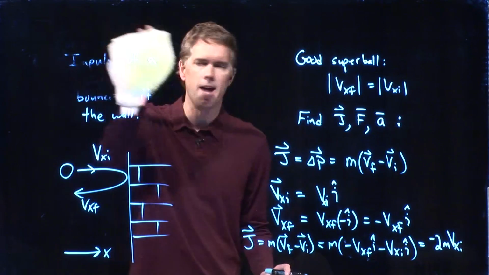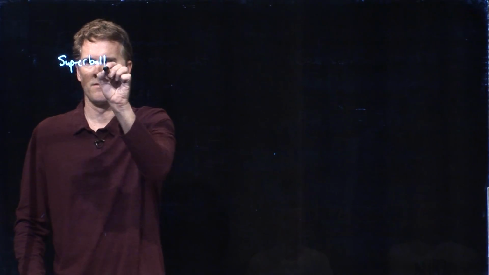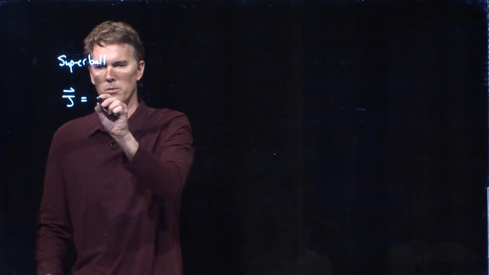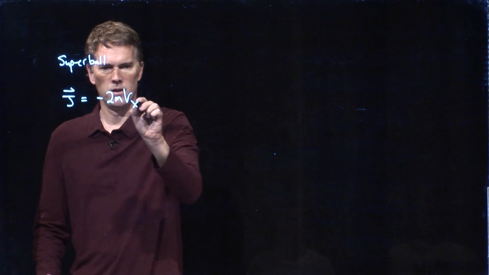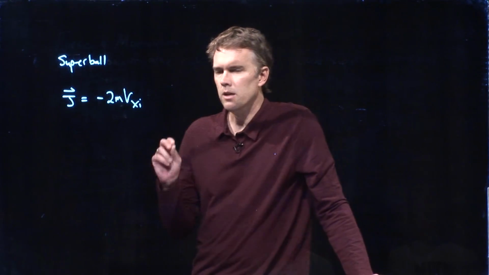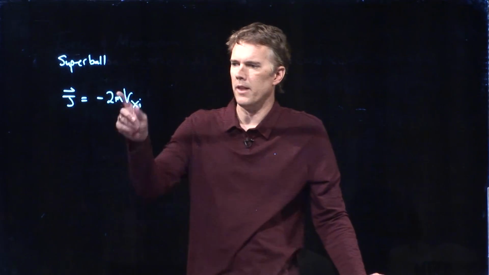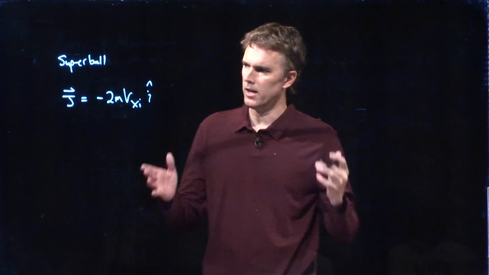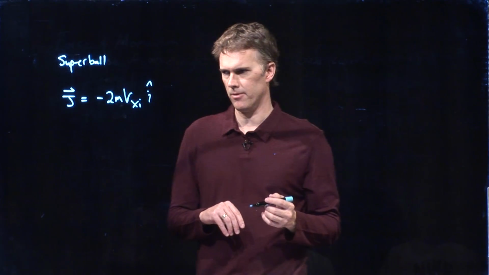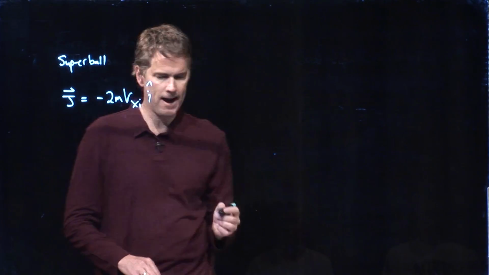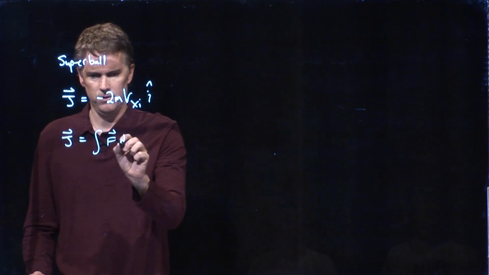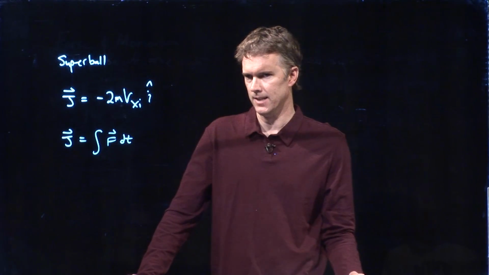Let's see if we can calculate F. So for our superball with a perfect bounce, what we found was that J, the impulse to that superball, was negative 2m Vxi, and it's got a direction associated with i hat. It's going to go back in the direction that it came from. What about the average force? Well, remember that J is the integral of F dt.